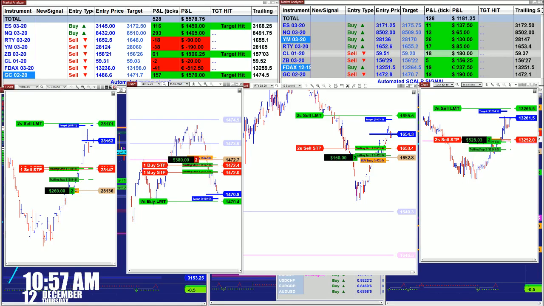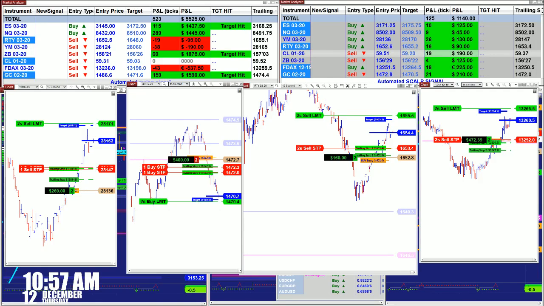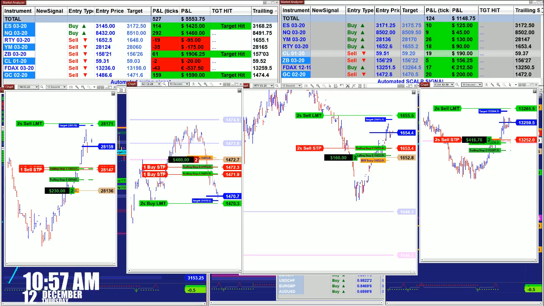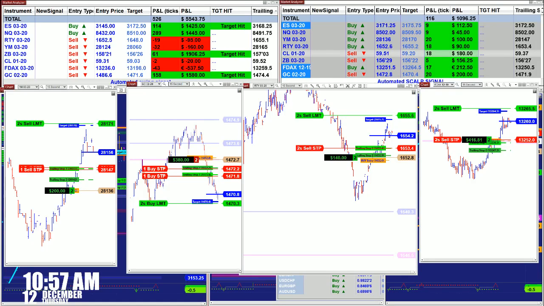And now, is anything new? No, there is nothing new. Also, it is getting greedy on the gold, extending the target. We are around 420 on the gold trade, and the DAX is 400.